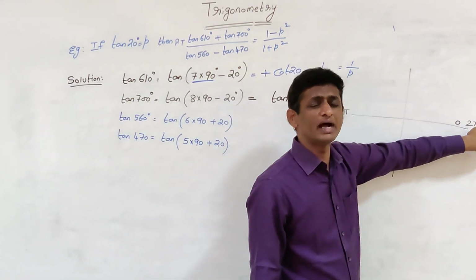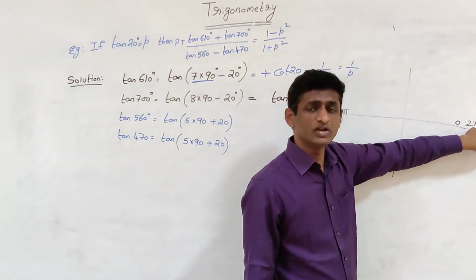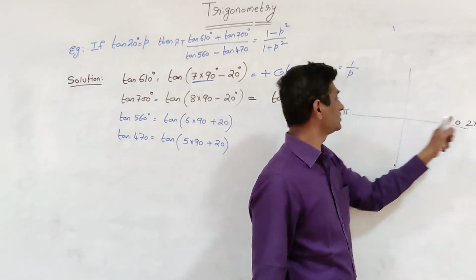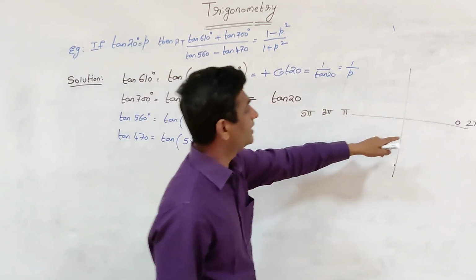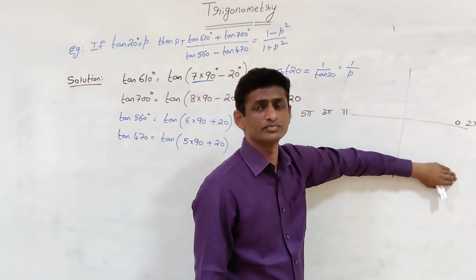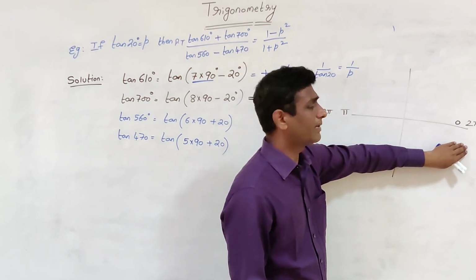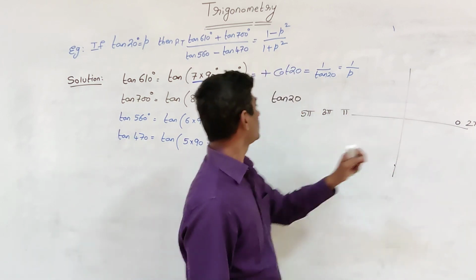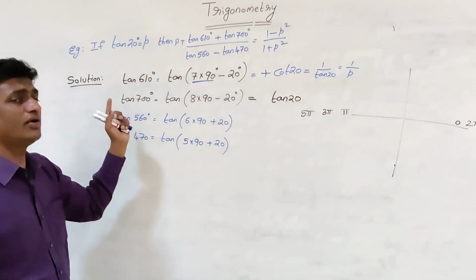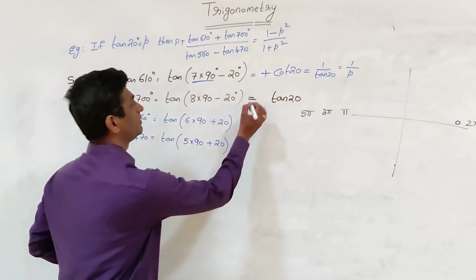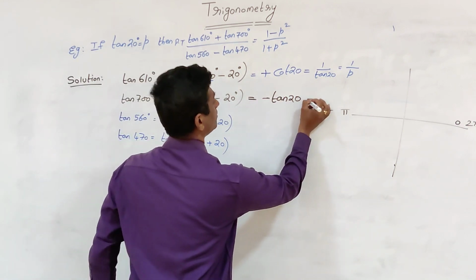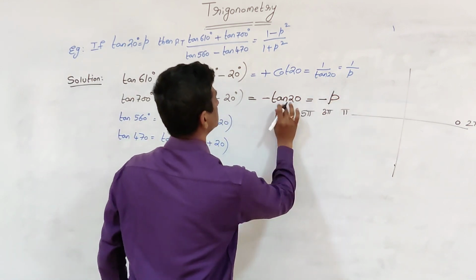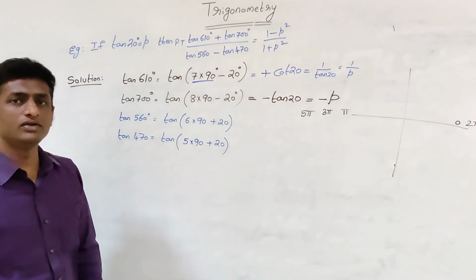So 4 pi will lie on the positive x-axis, and minus 20 means it comes down. So 4 pi minus 20 lies in the fourth quadrant. In the fourth quadrant, tan will have a negative sign. So it will be minus p, as tan 20 is given as p.